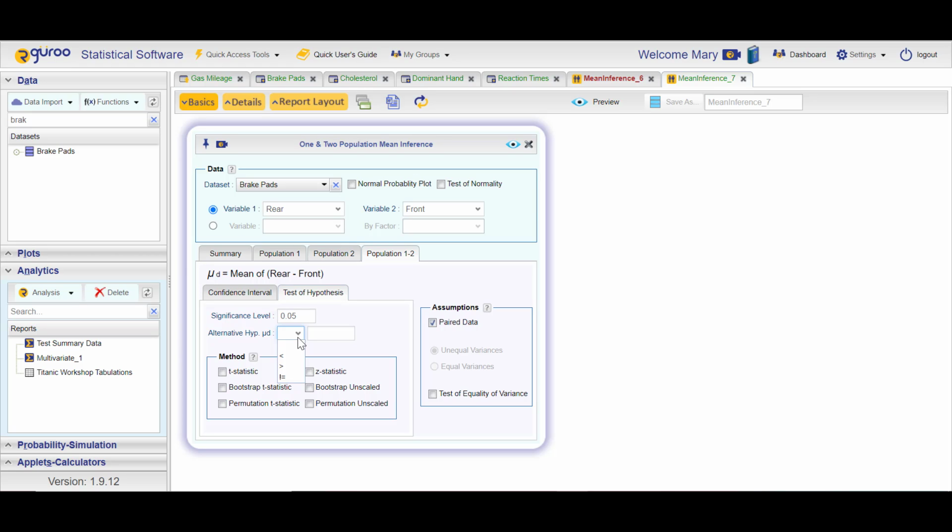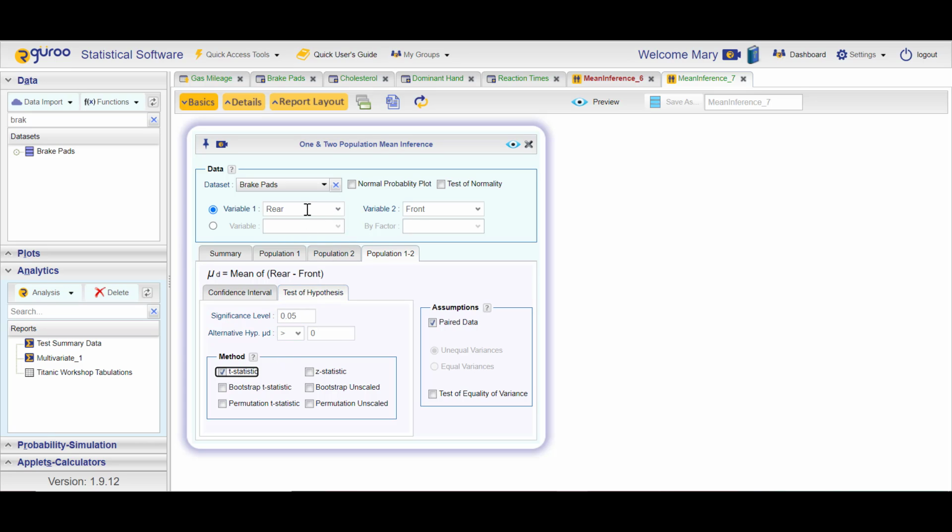So the mileage would be longer, so the mileage would be greater here. So you hit greater than 0 t-statistic. So again, because we did rear first, rear minus front, rear is greater, so it would be greater than 0.